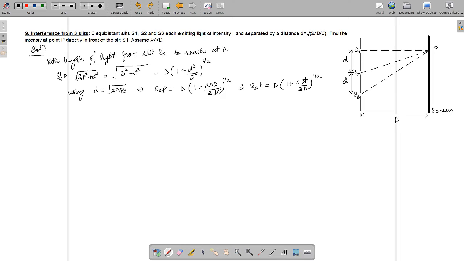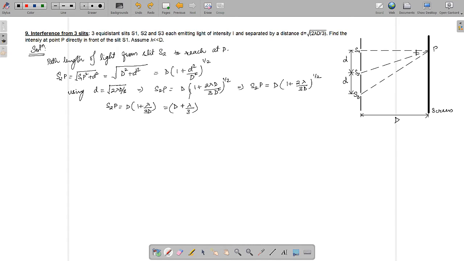Since lambda is much smaller than D, we can use binomial expansion here, and thus we get S2P equal to D into 1 plus lambda by 3D, which gives us D plus lambda by 3. That is the path length S2P.